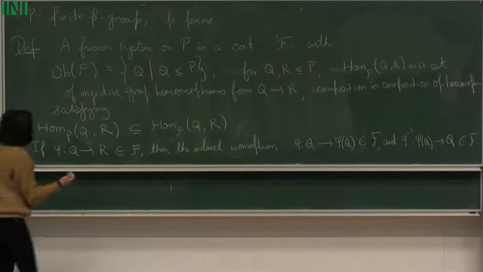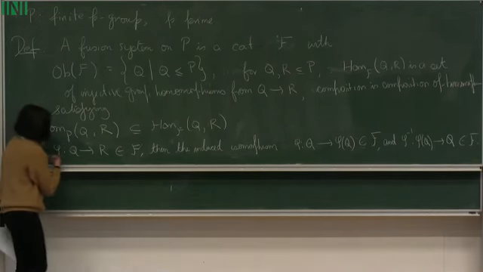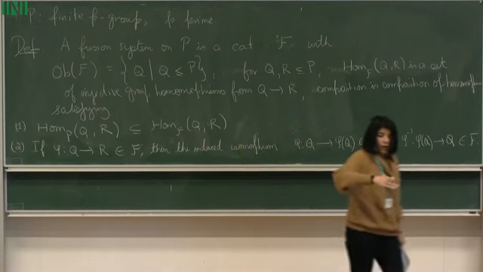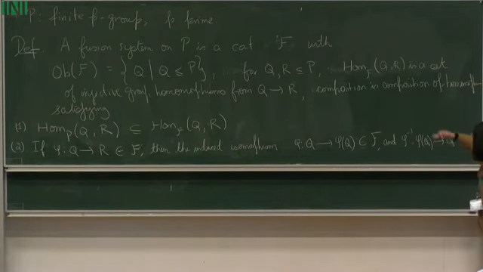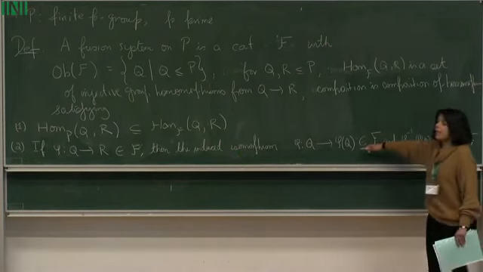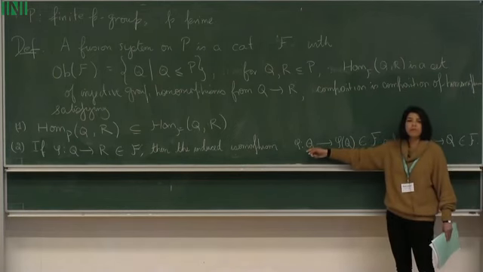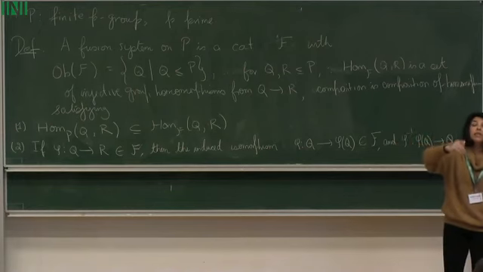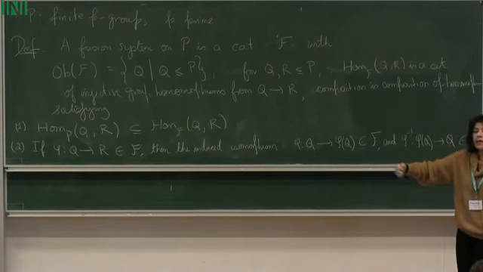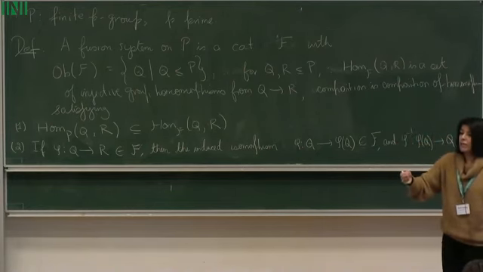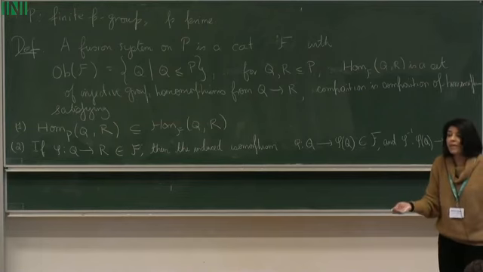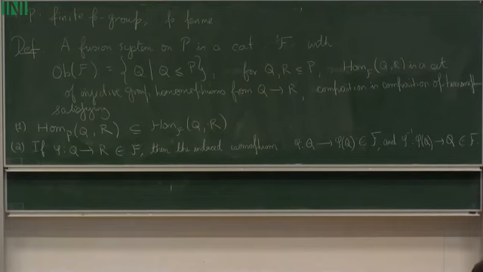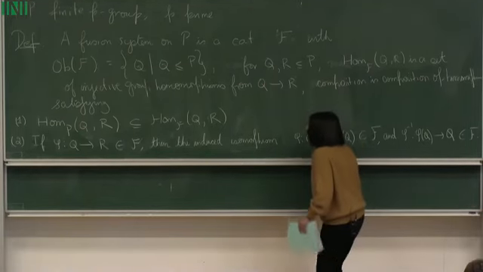And then if you combine that with the second condition, the way to think about it is that if you start with a morphism from Q to some subgroup, and you restrict the domain and the codomain in such a way that the map still makes sense, you're still a morphism in F. That's all these conditions mean.